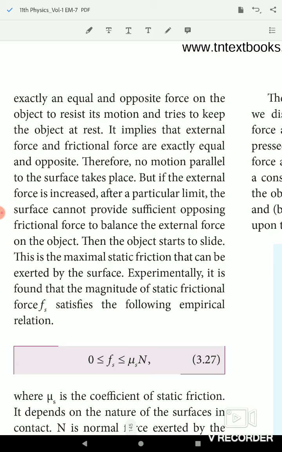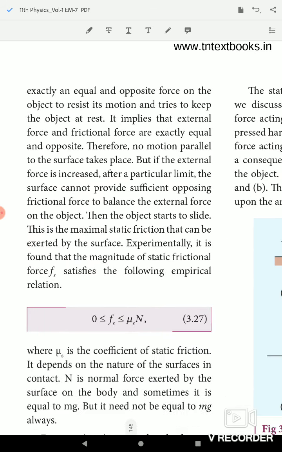It implies that external force and frictional force are exactly equal and opposite. Therefore no motion parallel to the surface takes place. That means the object does not move.